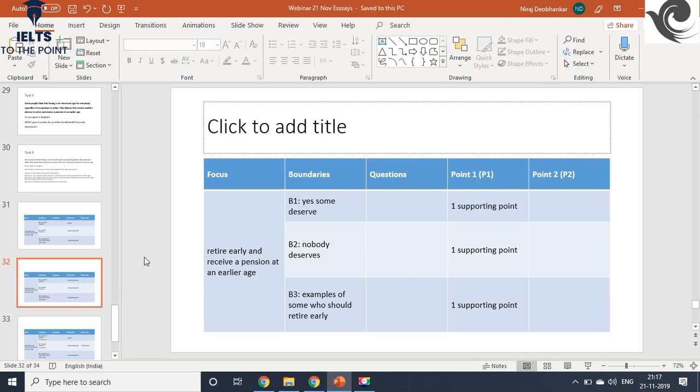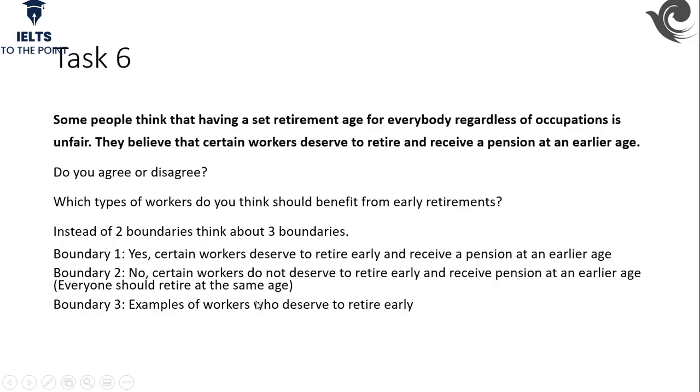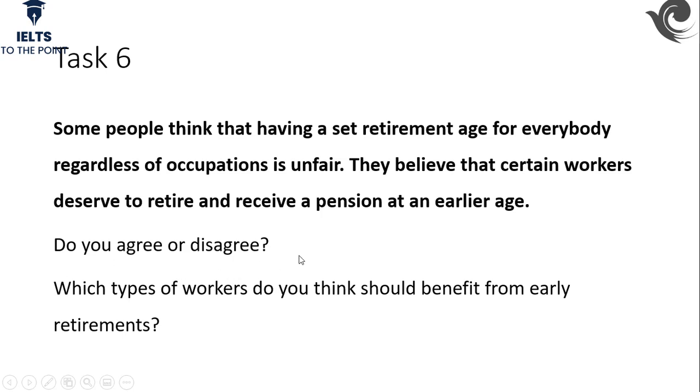But if you look at this particular task once again, you will realize a very simple thing which is hidden overall, and that is, you are asked for examples of workers you think should benefit from early retirement. That means, in a way, IELTS expects you to write that some people should retire earlier than expected.